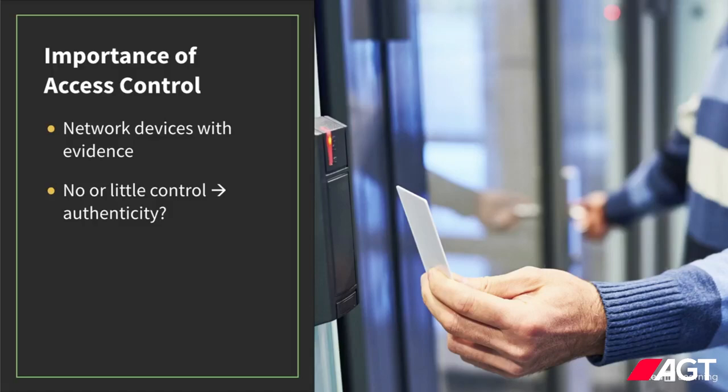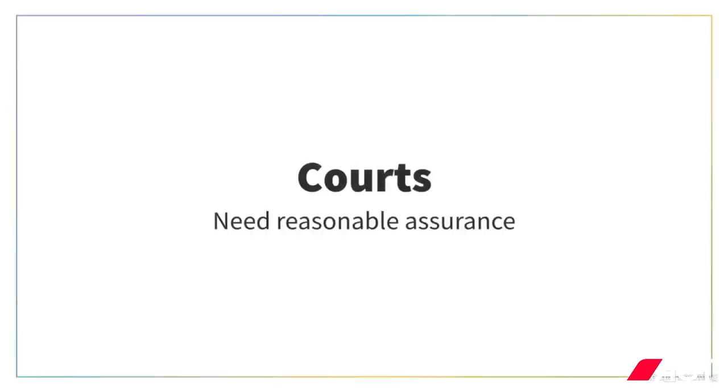Access control here means restricting permissions to read, write, and execute files, and monitoring user activities. Because it's relatively easy to delete, alter, and fabricate records on network devices, courts need a reasonable assurance that no unauthorized access occurred in the submitted evidence collected during the period of a network breach.